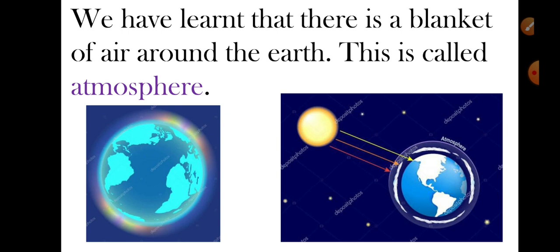This ozone layer is the only savior for us. Why? Because this is the layer which guards us from all the harmful rays coming from the sun, and it absorbs those harmful rays and does not allow them to reach our earth. Nowadays it is said that this layer is becoming thinner and thinner day by day.